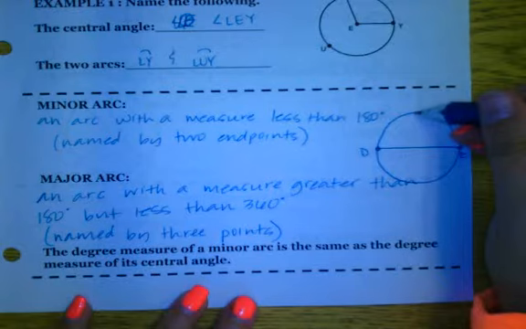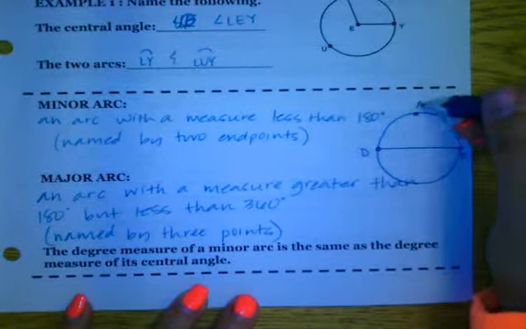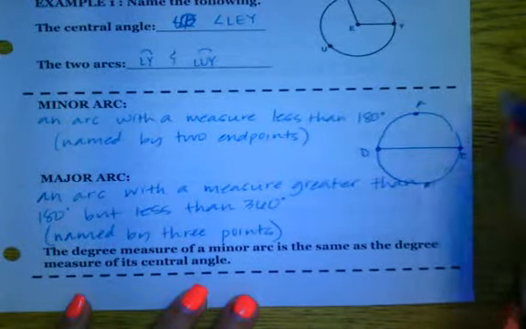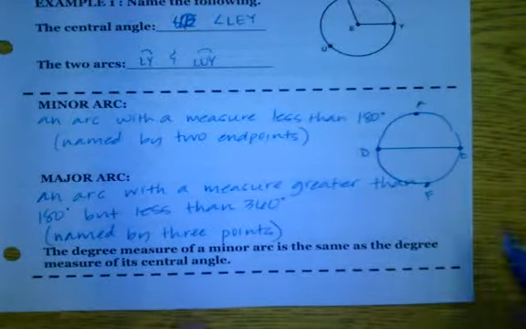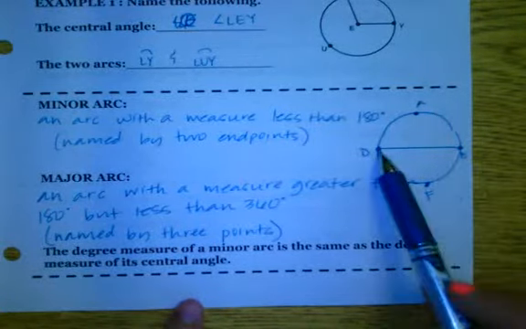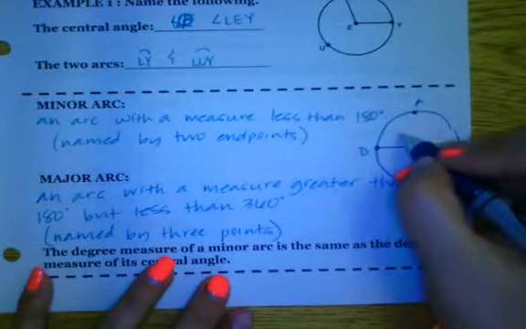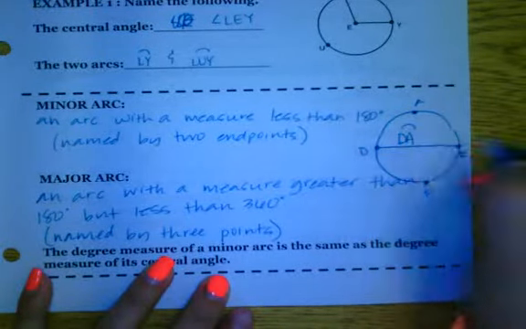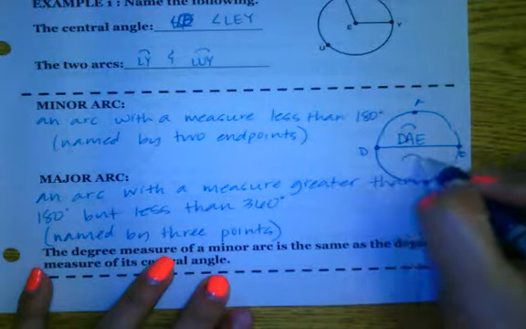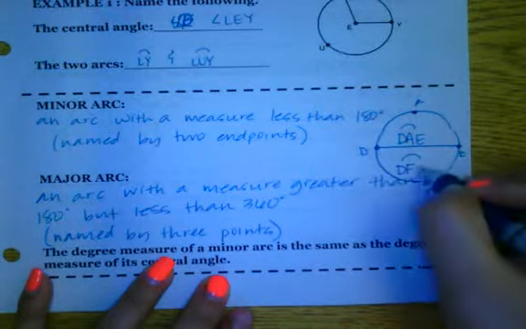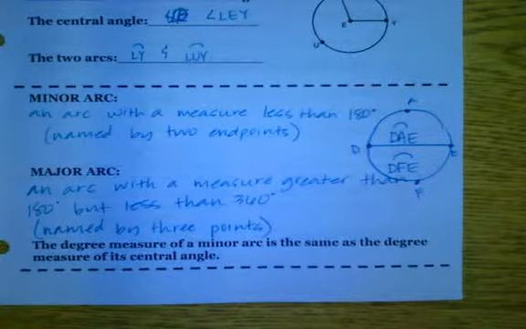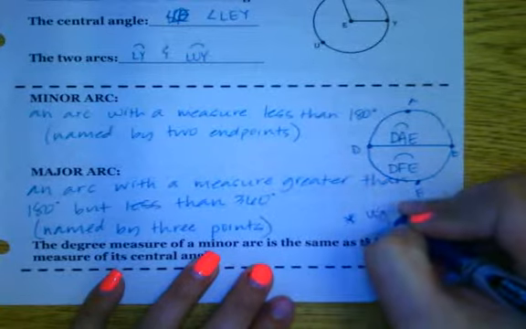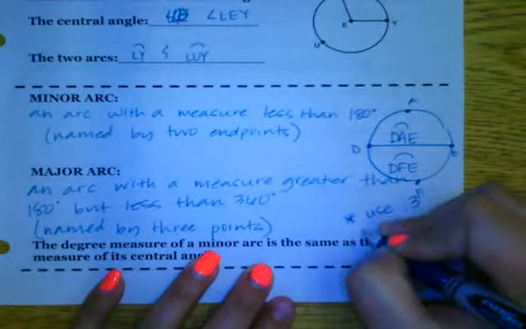So you're going to name it just like your major arc. That way, we know which semicircle you are referring to. So you could be referring to the semicircle with an arc of DAE or with an arc of DFE, or EFD if you're going the other way. But we are going to use 3 points so that we can be more specific.